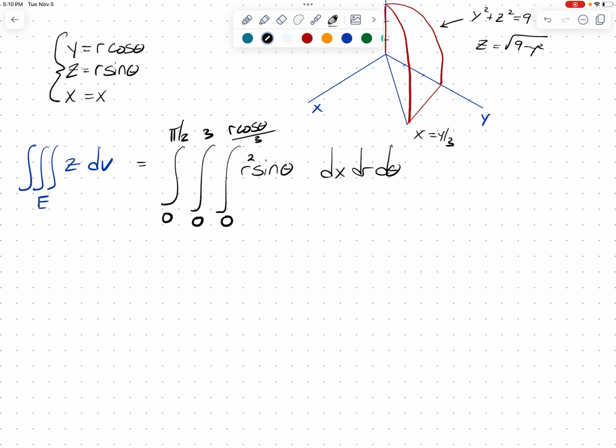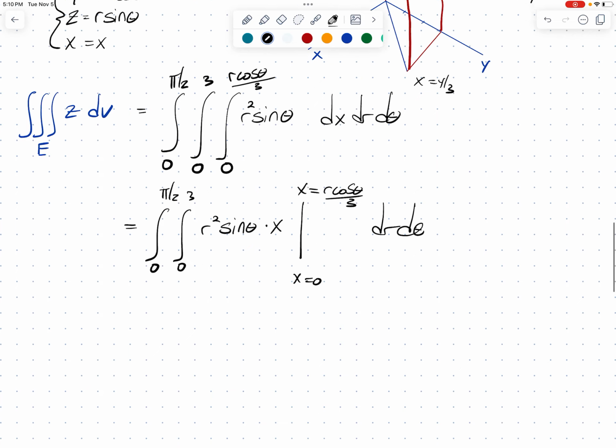How do we work this out? I'll do just a little bit more with you. I'm going to integrate this thing with respect to x. And I get 0 to pi halves, 0 to 3, r squared sine theta x. Plug in x equals 0, x equals r cosine theta over 3, dr d theta.